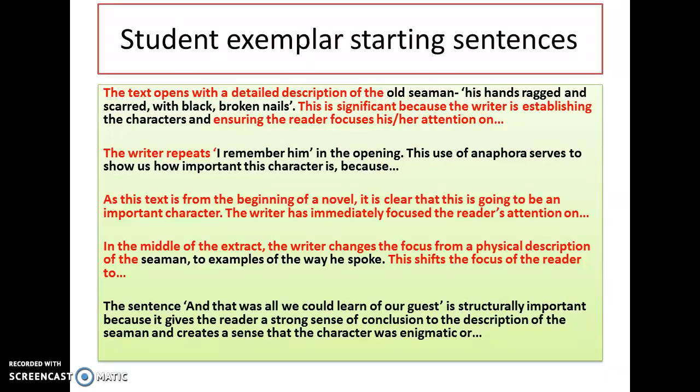So please jot down the red highlighted sentence starters. Obviously, I haven't highlighted everything that you could possibly use. So do take a minute or two, even pause the video, to find some more interesting words and phrases that you'd like to magpie, as it were.